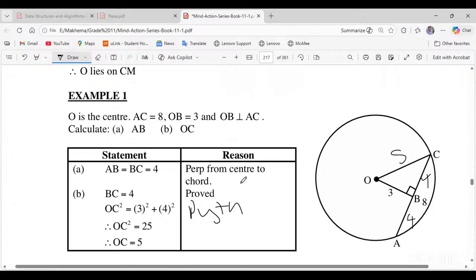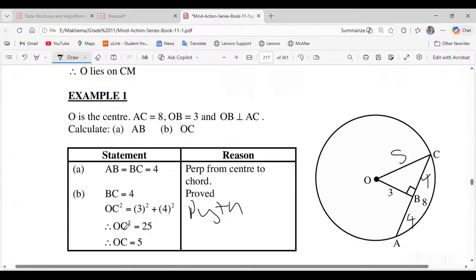Okay, now we know that BC is 4. This is 4, and we know that OB is 3. Using Pythagoras theorem, the hypotenuse, guys, is the longest side in the right-angled triangle. So hypotenuse squared equals the sum of the squares of the other sides. So 3 squared plus 4 squared is equal to 9 plus 16, which is going to be 25.